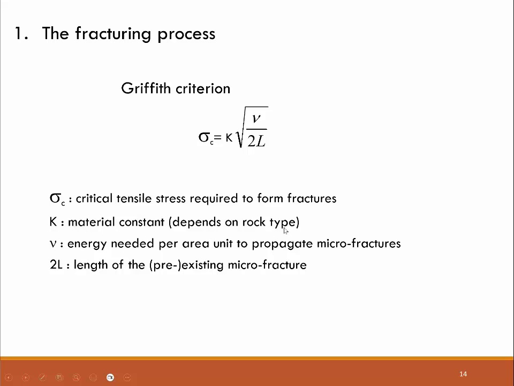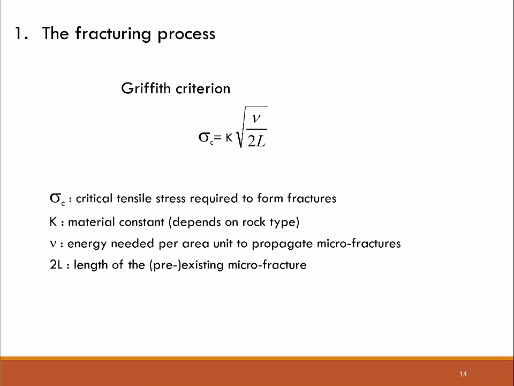That depends on the physical properties of the rock, and these physical properties are encapsulated in the symbol K. That is a material constant which can be larger or smaller depending on rock type. Nu is the energy per area unit to propagate microfractures, and 2L is twice the length of pre-existing microfractures.